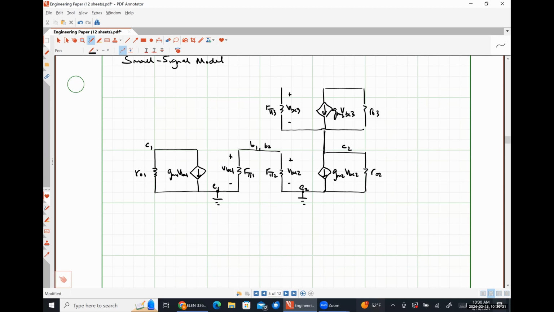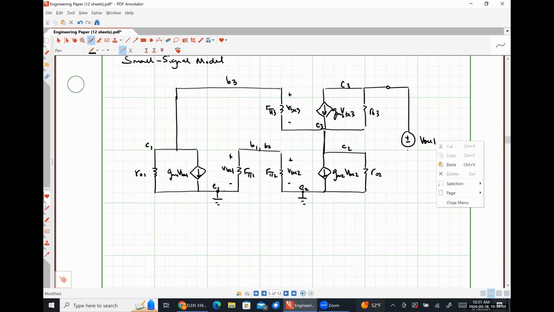The base of transistor 3 is tied to the collector of transistor 1, so I'm going to put a short, oops, didn't draw that quite long enough. Like this. So this is B3, E3, C3. And then over here, I'll put my test source. Actually, let's do a voltage source.